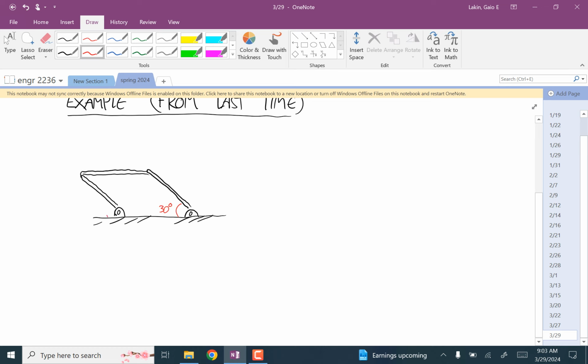These angles are 30 degrees. The lengths of all of these members are 1 meter, and this is also 1 meter. The masses of each of those 3 members are 5 kilograms.